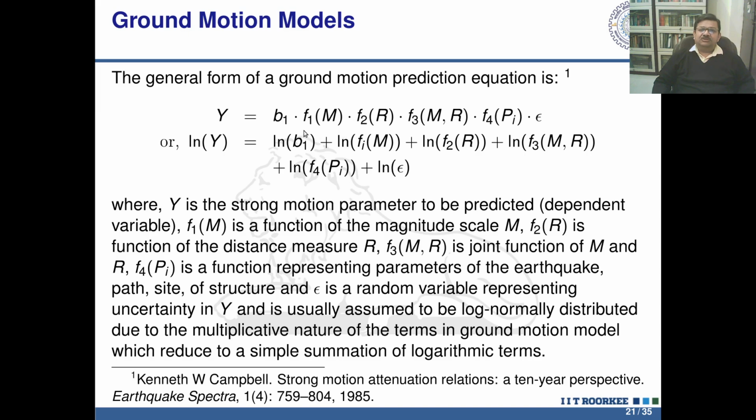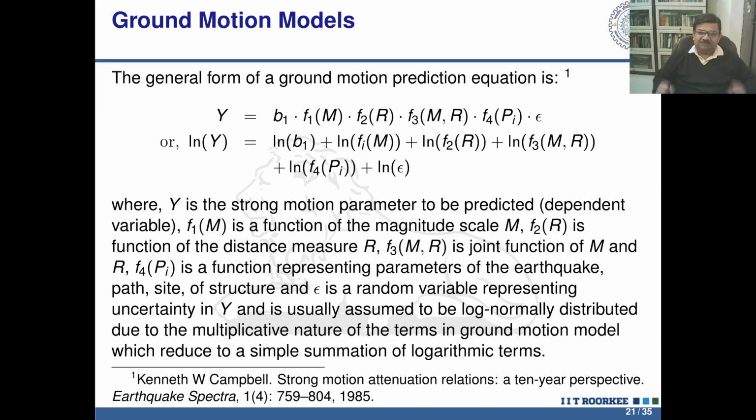Right? So there is some magnitude dependent term, some function of source to site distance, and then there is a combined effect of magnitude and distance together, because these two are conflicting quantities. Magnitude increasing will generally increase the intensity, distance increasing will generally decrease the intensity.